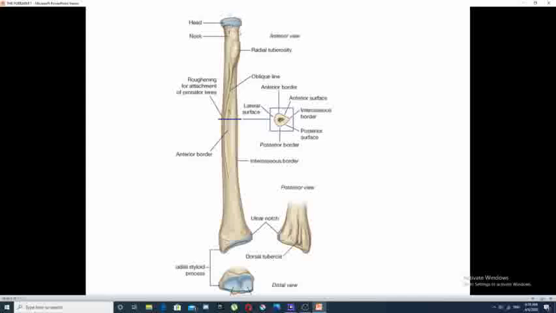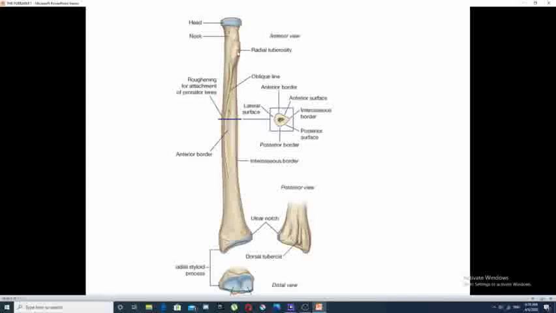Next to the head, the constricting part of the radius is the neck of the radius. The neck of the radius is an important landmark. Next to the neck, there is an expanding bony process called the radial tuberosity.